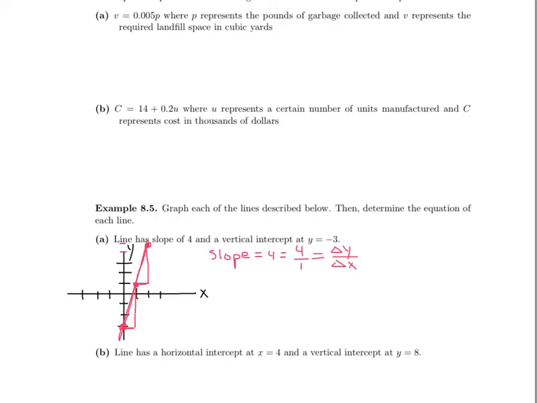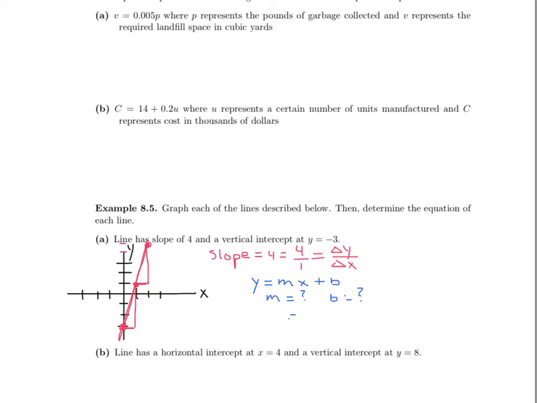Now we want to determine the equation of the line. Every linear function has an equation of this form, y equals mx plus b. What makes one linear function differ from another linear function are the m and the b values. We need to figure out the m and the b values for this line.